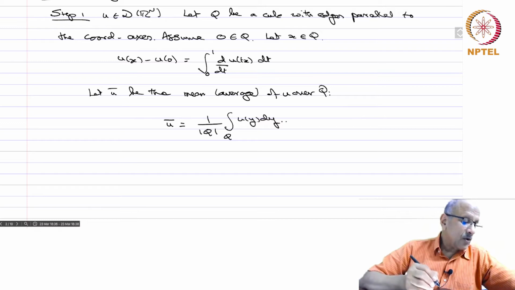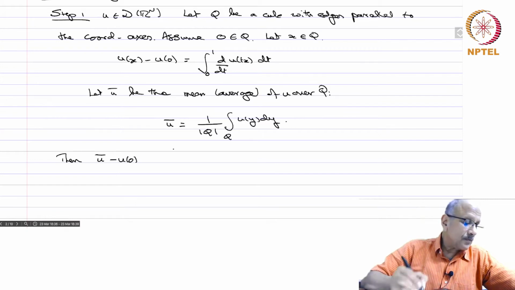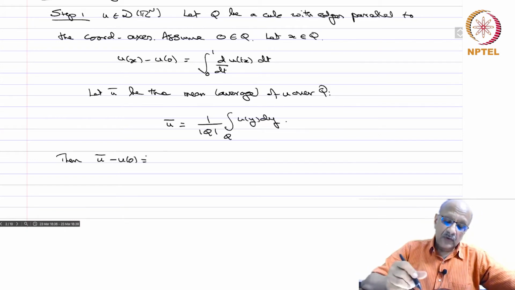Okay, so then u bar minus u(0). So I am just going to integrate this inequality over Q and multiply by 1 by mod Q. So that will give me u bar if I integrate the left hand side, and then u(0) is a constant. So the average of a constant is itself. So u bar equals this.